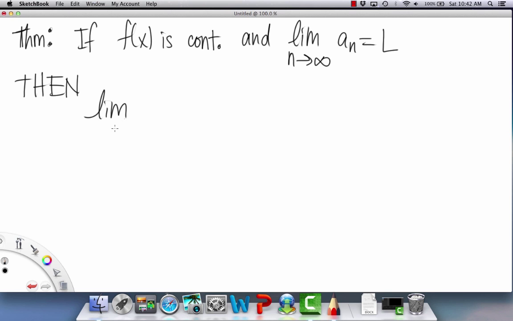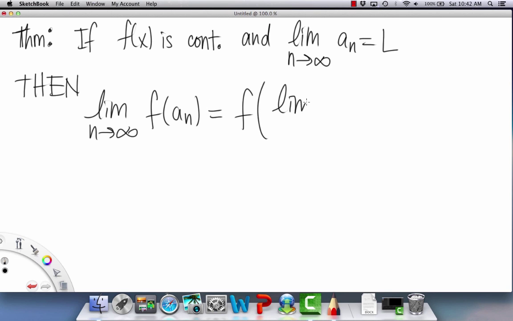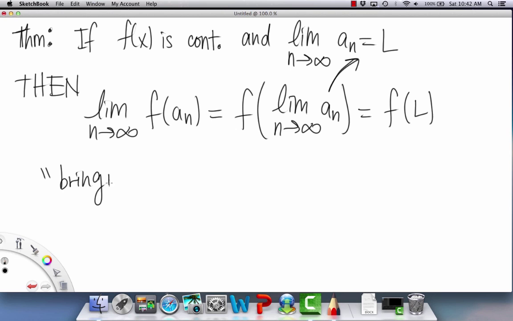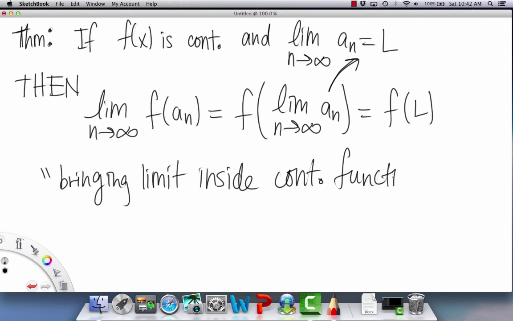The limit as n goes to infinity of f of a_n equals f of the entire limit itself, the limit of the sequence. And since we assumed this part, we could just plug in L for the parentheses, so f of L. In a way, they call this bringing a limit inside of a continuous function.